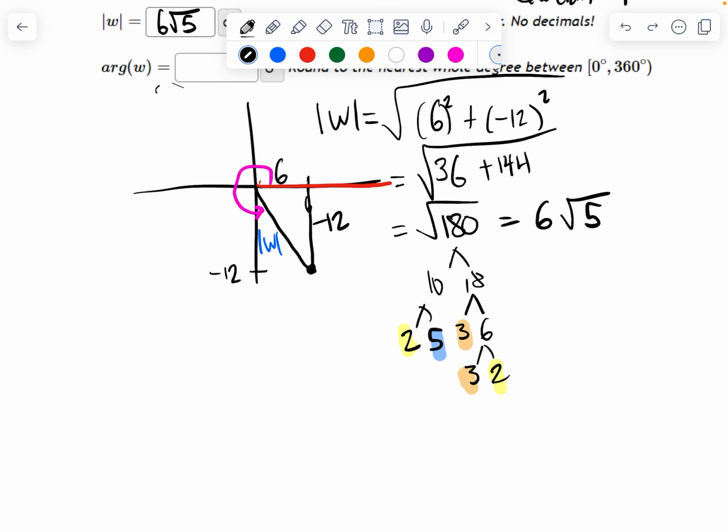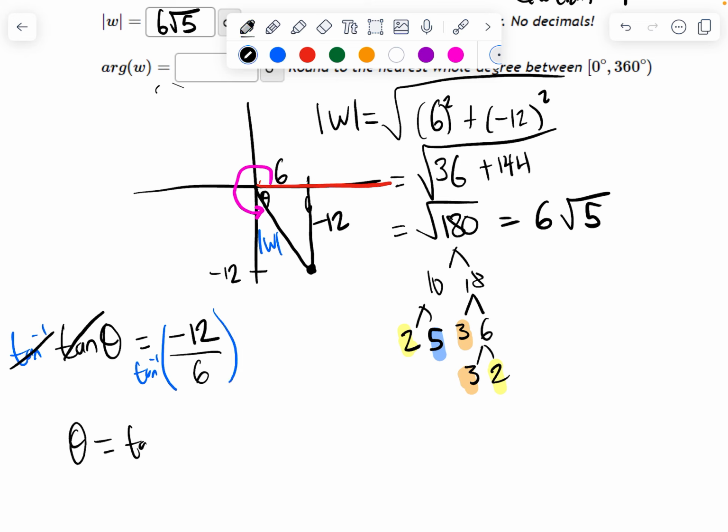The reason we're using tangent is that we're using the opposite and the adjacent sides. So tangent of the angle in that corner equals opposite over adjacent. If you wanted to solve for theta, you undo tangent with its inverse.